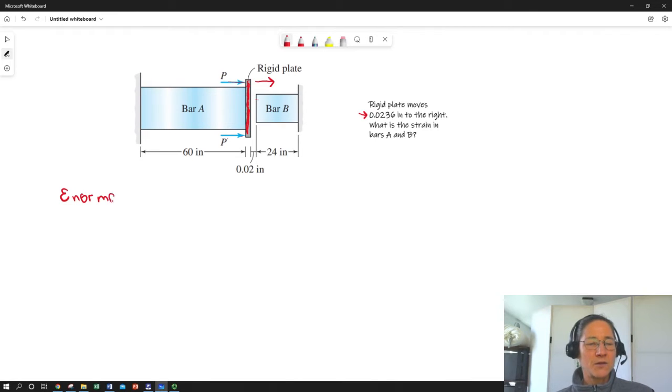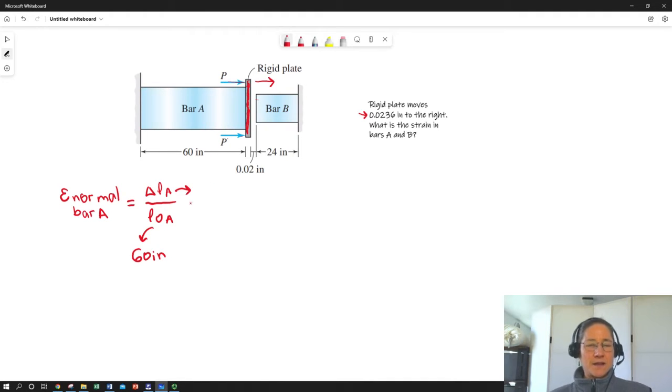So the normal strain of bar A is going to be equal to delta L of bar A divided by L0, the original length of bar A. So our original length is pretty easy. We're given that as 60 inches.